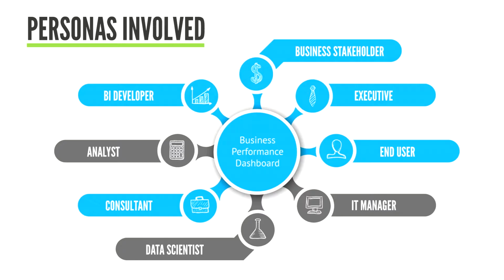So anyone that's involved here, I've marked them off in blue. So we had business stakeholders, executives, and end users. They were one and the same. And so we had a bunch of stakeholders. I believe there was around 20, and they were fairly senior. There were executives up to the C-suite level, and they were all going to be end users.